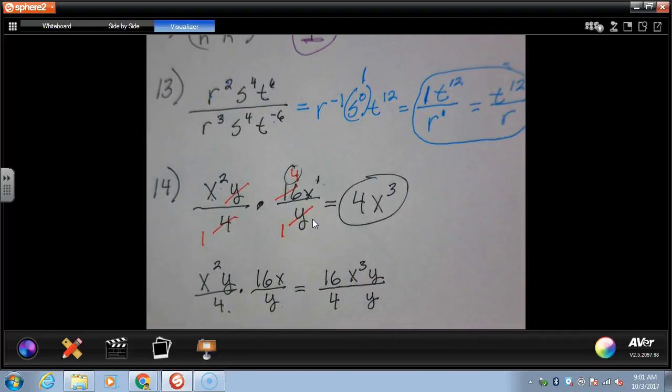And then you can simplify. Sometimes that's easier. 16 divided by 4 is 4, x cubed, and these just cancel out to 1. And actually, if you have negative exponents, you can bring them to the top or bottom and then add them. There's a lot of different ways.